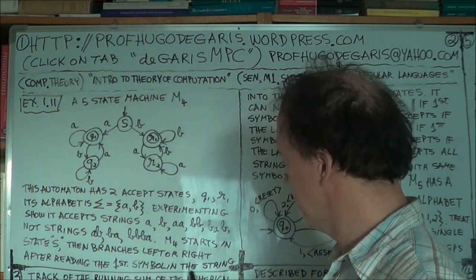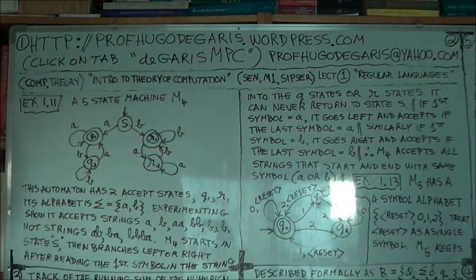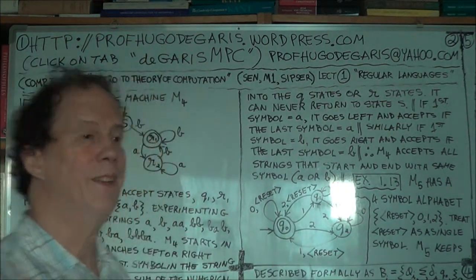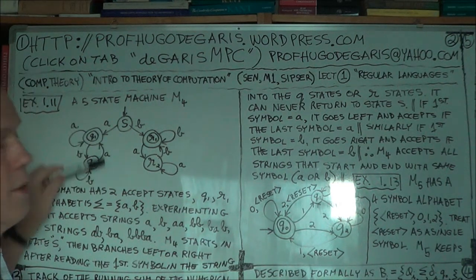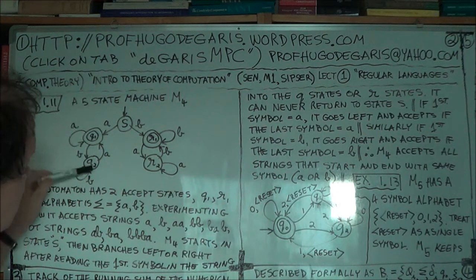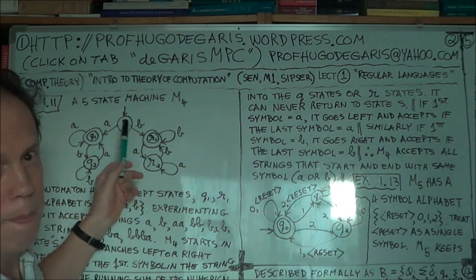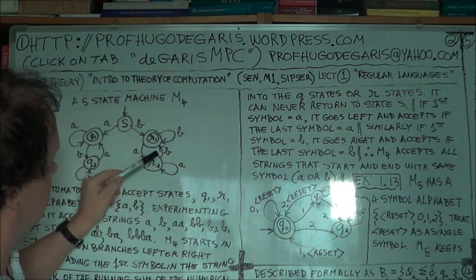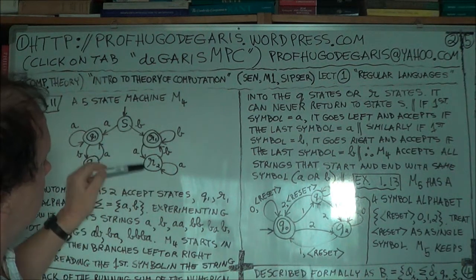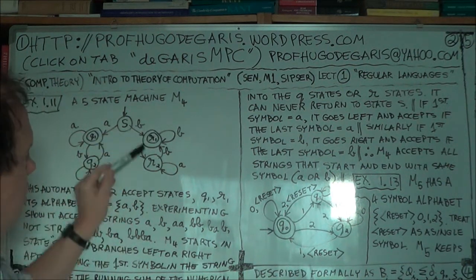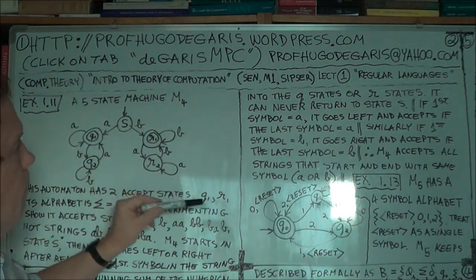So it reads the first symbol in the string and then branches left or right. If it's an A, it'll branch left into the so-called Q states, because the states on the left here are labelled Q. If the first symbol that it reads is a B, it'll branch right into the so-called R states, because these right-hand states are labelled R: R1, R2, and the left ones are Q1, Q2.